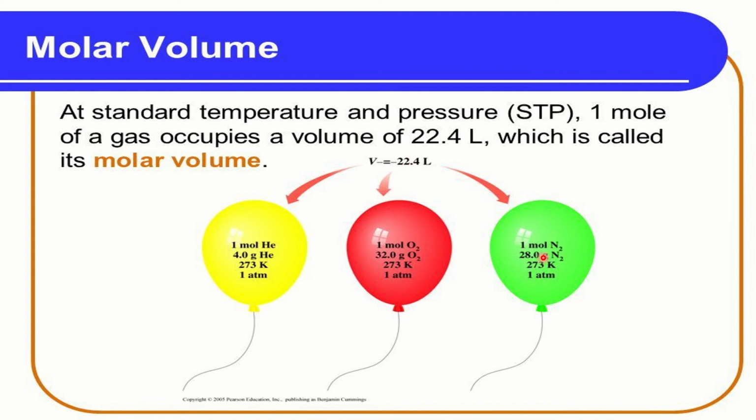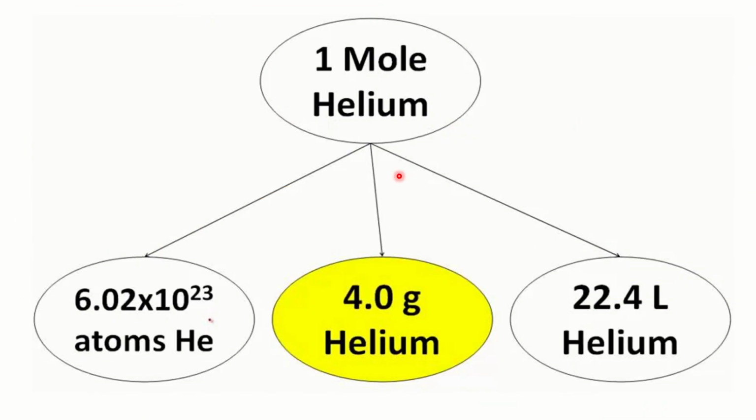In the same way, nitrogen is 28 gram nitrogen, and its volume is also 22.4 liter. So, we can tell 1 mole of any gaseous component is 22.4 liter. Its mass is its molecular mass, for helium it is 4 gram, and there are 6.02 into 10 to the power 23 helium atoms.